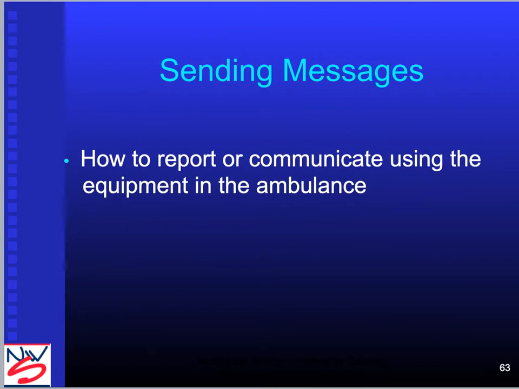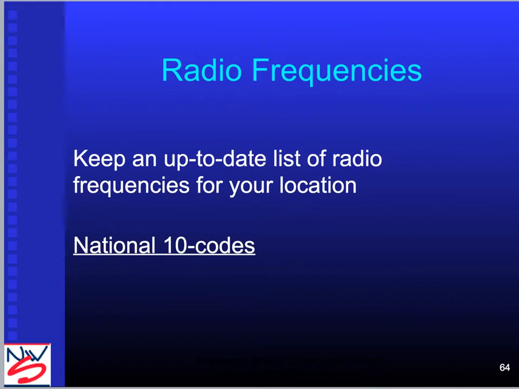When we're using the radio equipment on the ambulance, we need to know who we're talking to. In the old days, the screens weren't on the radio, so we couldn't see what frequency we were talking on. We just knew we were on channel 1, 2, 3, 4, 5, 6, 7, 8, all the way up to however many frequencies you had.